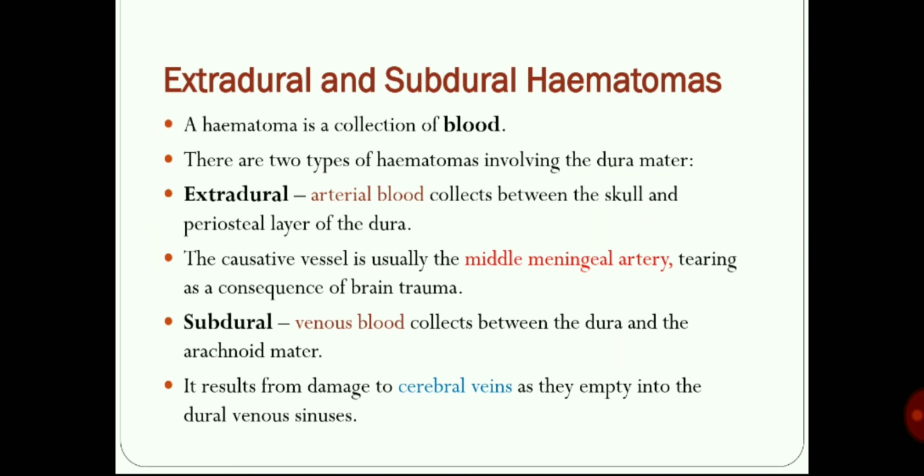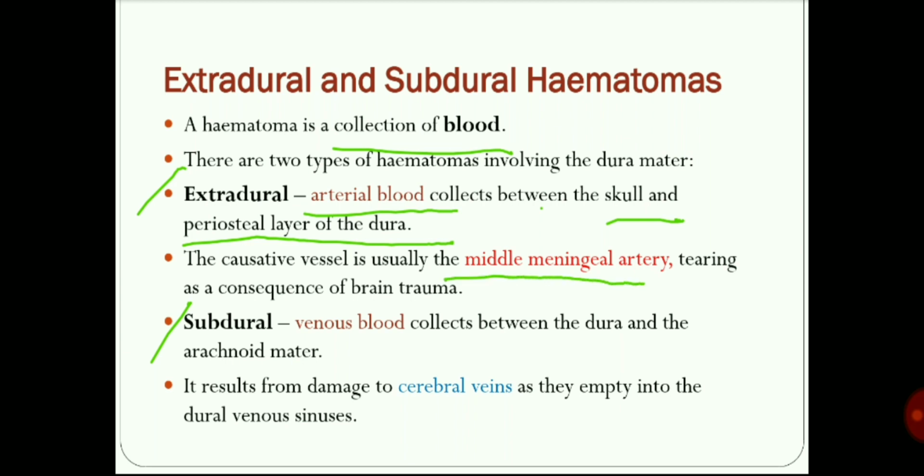A hematoma is a collection of blood in certain regions of the brain. Mainly there are two types of hematomas. One is extradural, another is subdural. Extradural is mainly an arterial collection of blood between the skull and the periosteal layer of dura. The causative vessel is usually the middle meningeal artery, and tearing mainly occurs as a consequence of brain trauma.